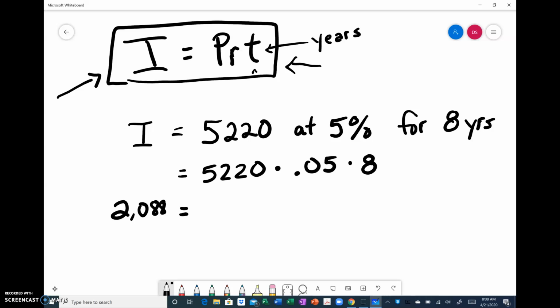So I'm going to find out how much interest I would earn in 1 year if I put in that principal at that interest rate. 5% is pretty good, but is it that good? Times 0.05. I'm actually earning $261 over 8 years.